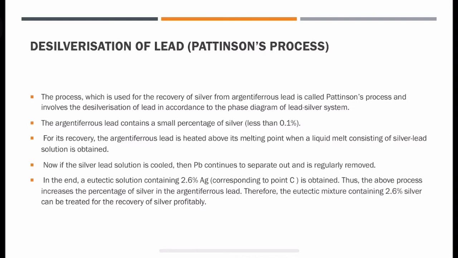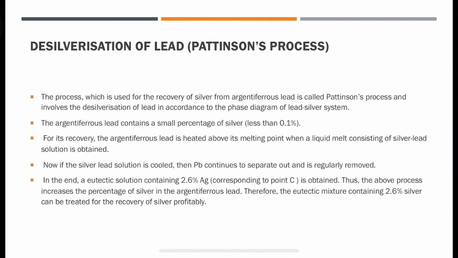So an argentiferous lead contains a small amount of silver. For the recovery, it is heated to a temperature above its melting point, and so the system has only a liquid phase, represented by the point C in the phase diagram. It is allowed to cool, while the temperature decreases along the curve until point C is reached, when lead crystallizes out and the solution will contain an increased amount of silver.